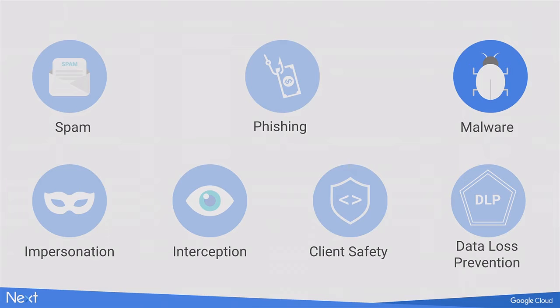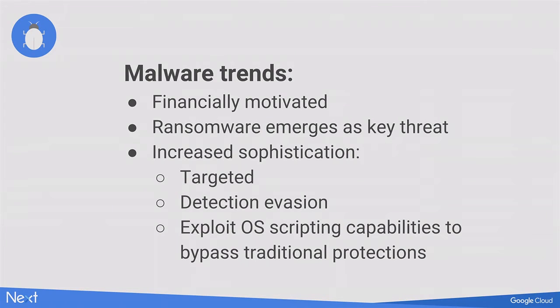Let's move on to the next threat, malware. So if you've been following the trends in malware for the last 10 or 15 years, you could see a big change from the first internet scale attacks that we saw in the early 2000s and the ones that we see today.